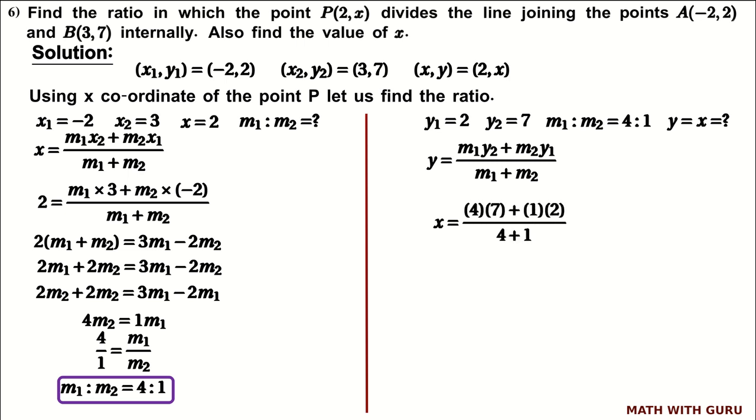In place of y, substitute x. Value of y is x here. (4 into 7 + 1 into 2) divided by (4 + 1). x equals (28 + 2) divided by 5. x equals 30 divided by 5. 5 sixes are 30, x equals 6.